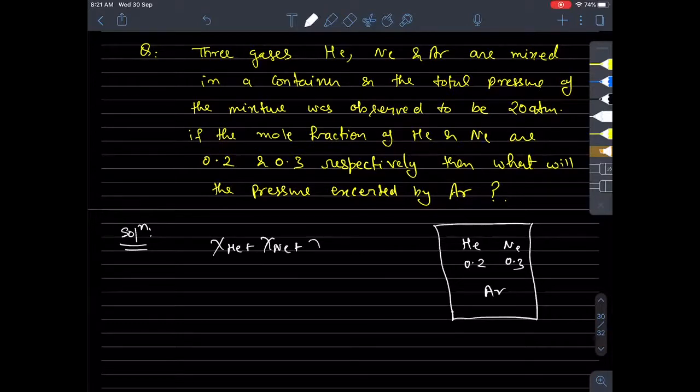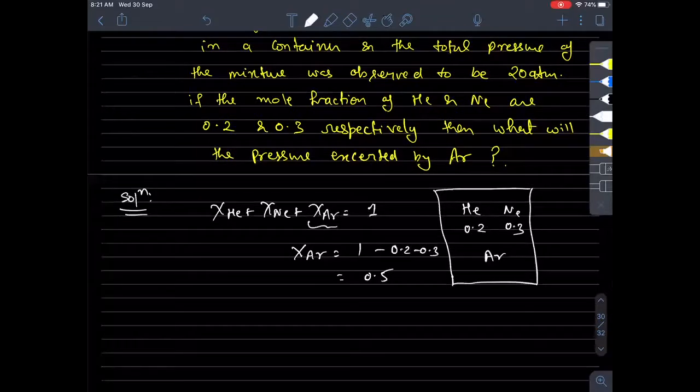Yes or no, everyone? So our first job is to figure out the mole fraction of argon, which will be simply 1 minus 0.5. That will be 0.5. Once the mole fraction is known, can't we figure out the partial pressure due to argon? It will be equal to the mole fraction of argon multiplied by the total pressure.